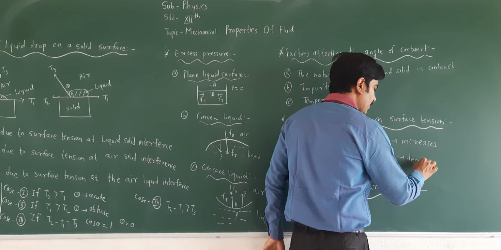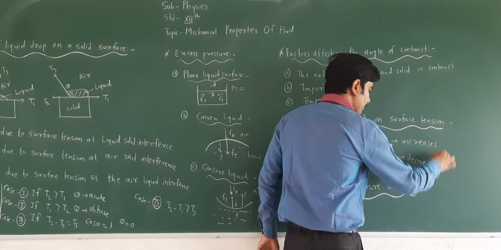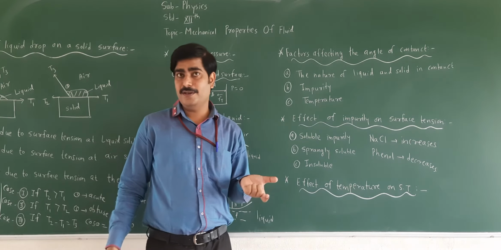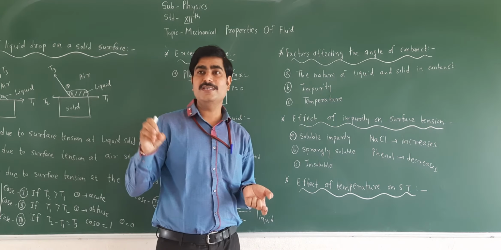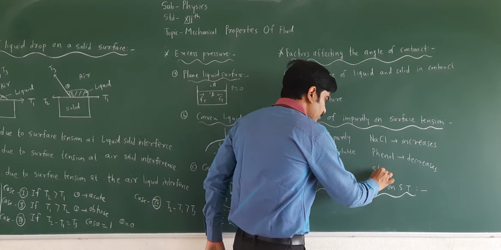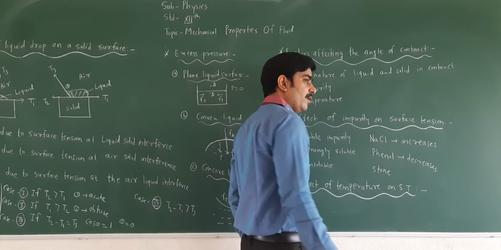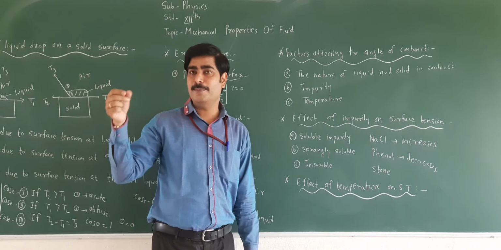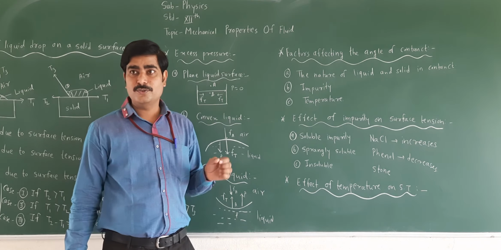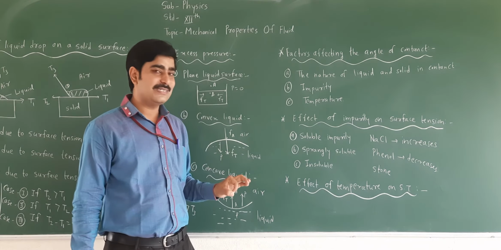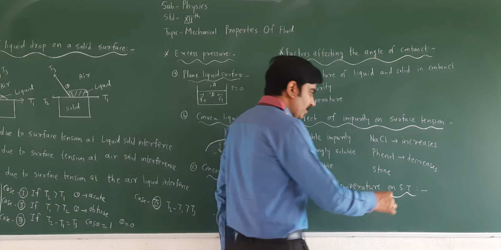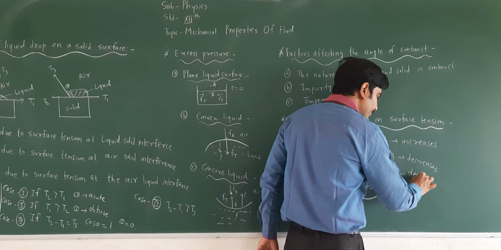Next, insoluble material. For example, if a stone is added in the water, stone is insoluble, or if a diamond is added in the water, diamond is also insoluble. So if insoluble substances are added, what will happen? The surface tension will decrease.